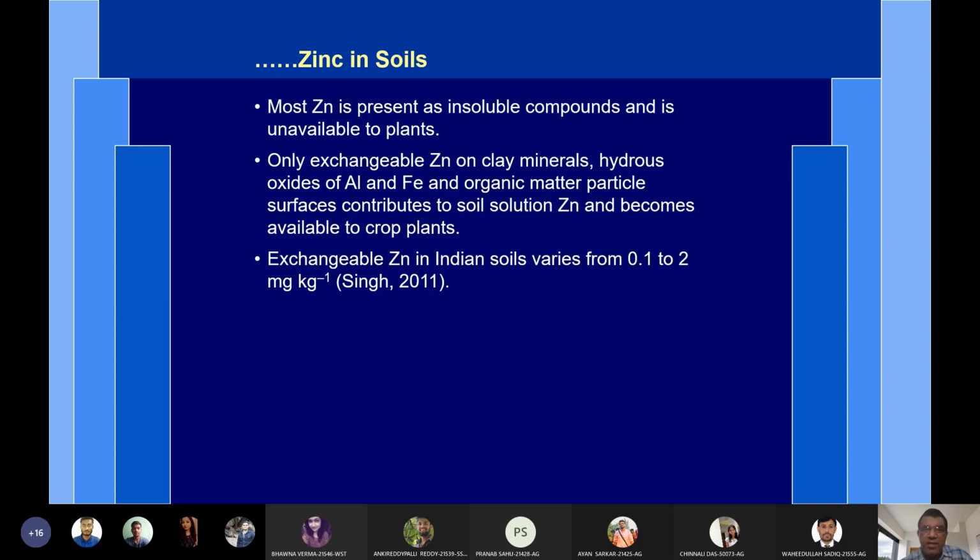So from exchange sites, it can go to the soil solution and become available to the plant. But that quantity is a very small fraction of total zinc. Exchangeable zinc in Indian soils varies from 0.1 to 2 milligram per kg. This is important.